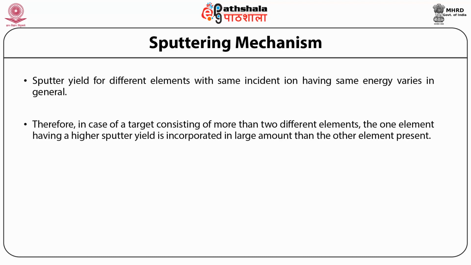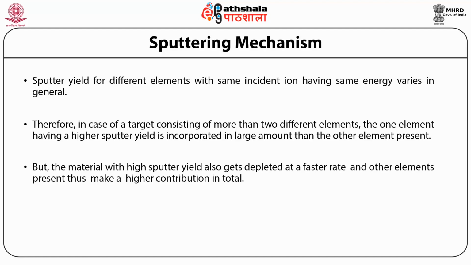Therefore, in case of a target consisting of more than two different elements, the element having a higher sputter yield is incorporated in a larger amount than the other element present.